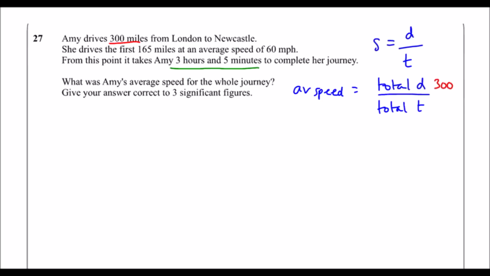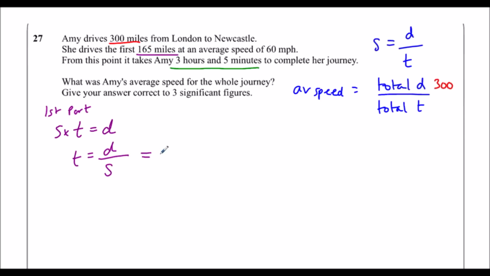So to find time, if we multiply both sides by time, speed times time is equal to distance. So time, divide both sides by speed, is distance over speed. So for the first part, time is distance over speed.